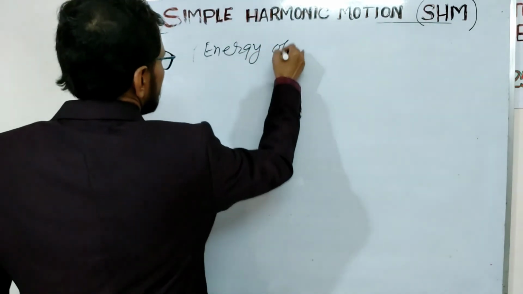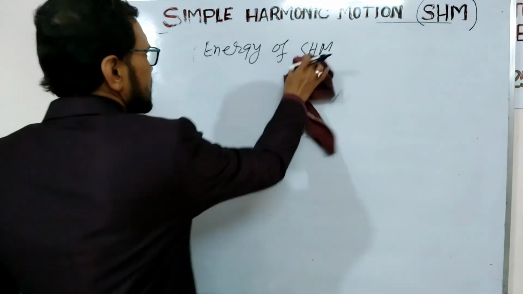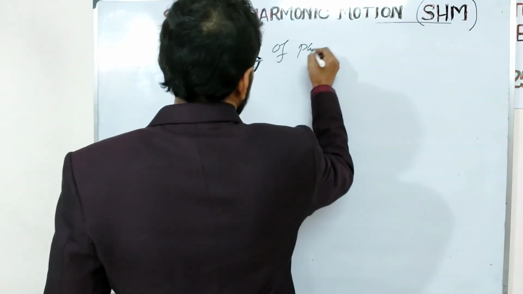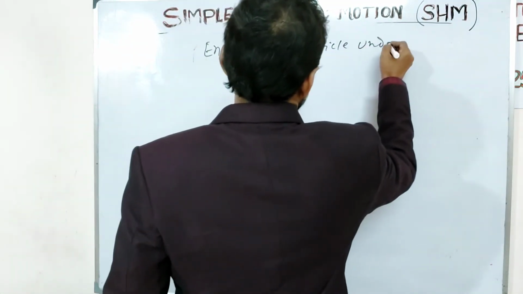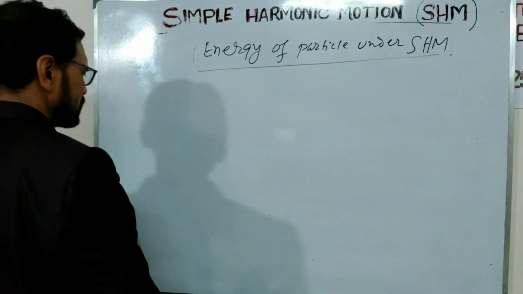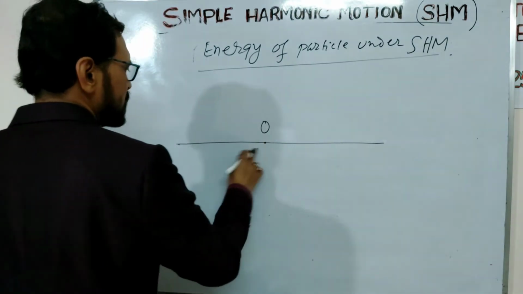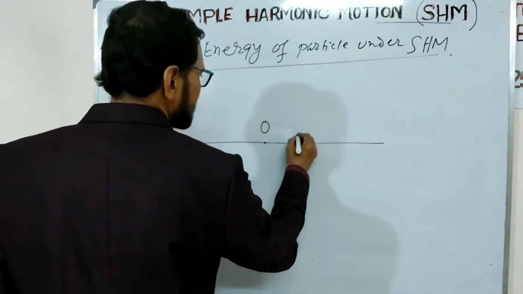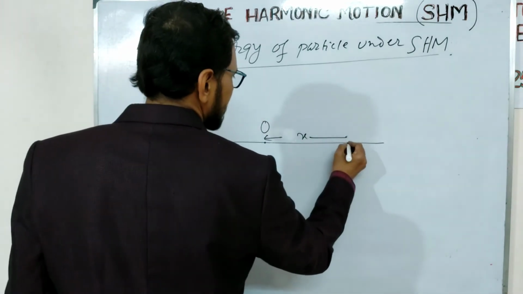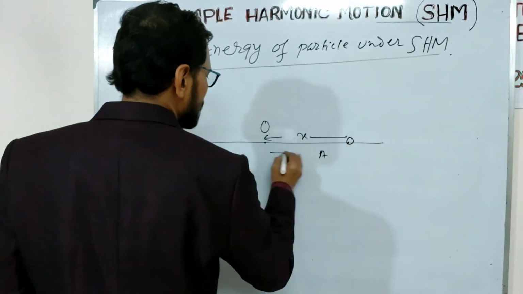Energy of SHM, energy of a particle under SHM. Now suppose a particle executes SHM from the mean position. Suppose the particle is here, at distance x from the mean position. A is the amplitude of the particle.